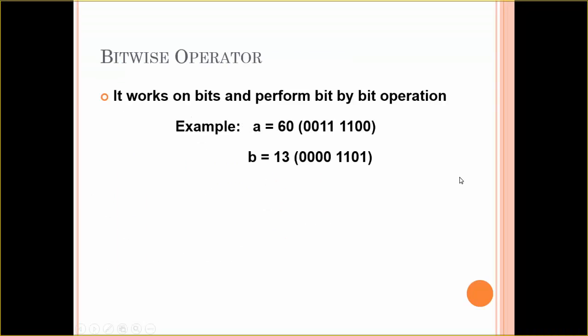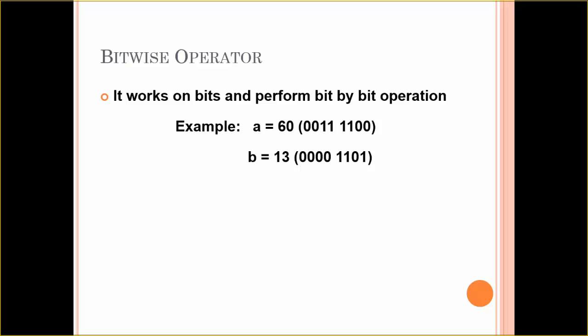The next is bitwise operator. It works on bits and performs bit by bit operations. So like shift operators, we need to convert the values into a binary code. Okay, there are 4 operators in bitwise. One is AND operator, another one is OR, another one is XOR, then we have NOT operator.